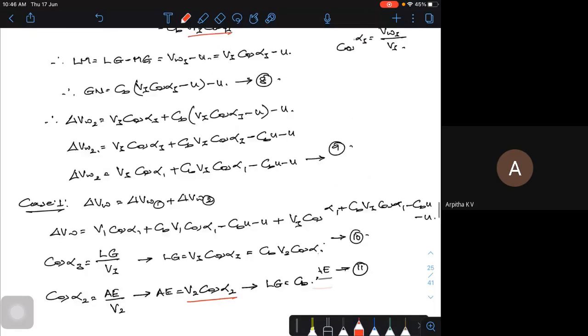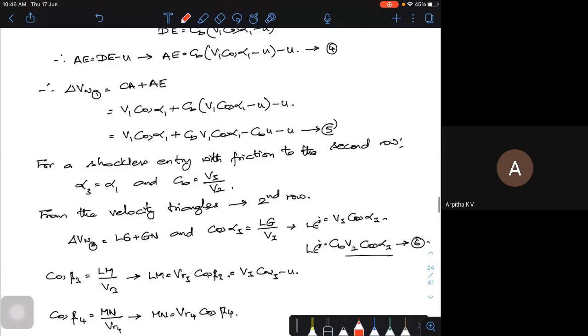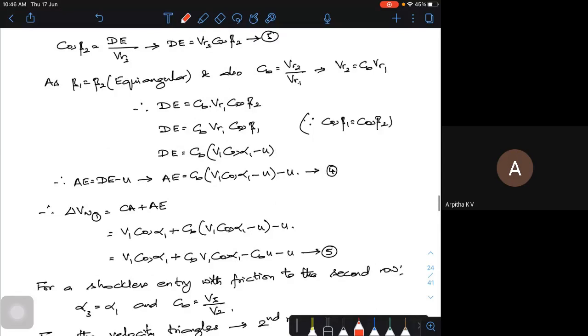Already if you go back and see, I have written AE is equal to Cb into V1 cos alpha 1 minus U minus U. I can simplify that.